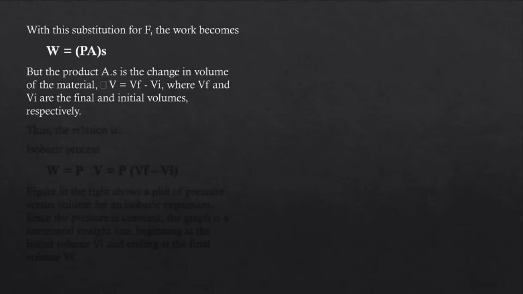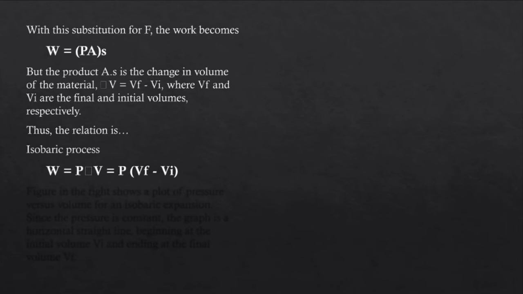But the product As is the change in the volume of the material. Delta V is equal to the difference of Vf and Vi, where Vf and Vi are the final and initial volumes respectively. Thus, the relation is W is equal to P delta V is equal to P times the difference of Vf and Vi.